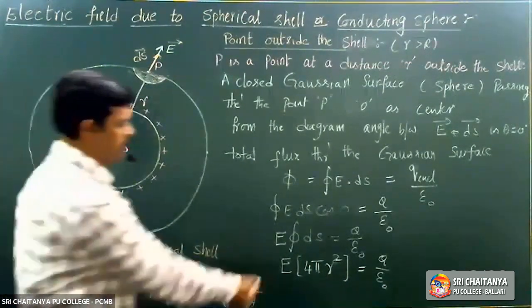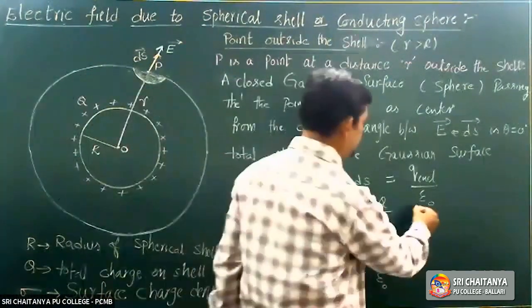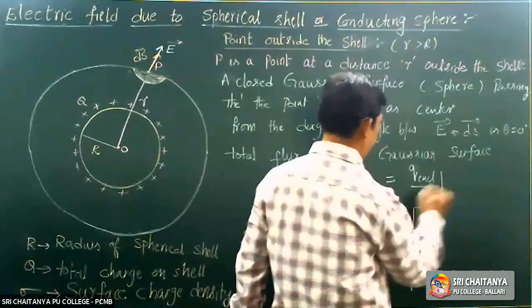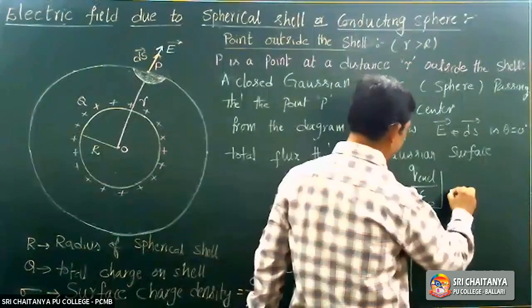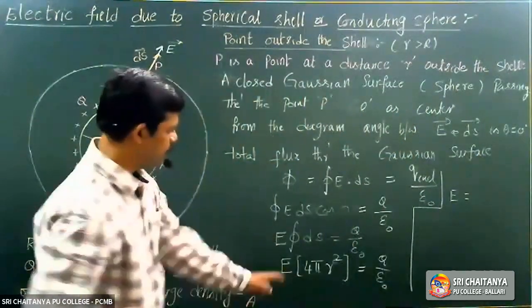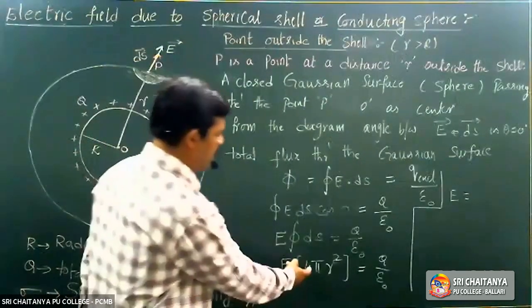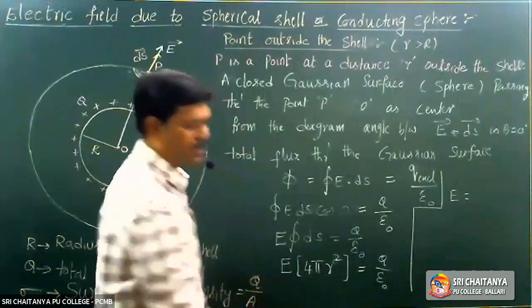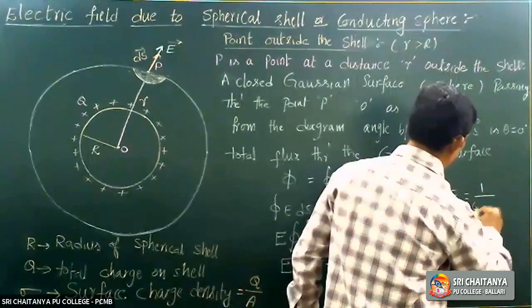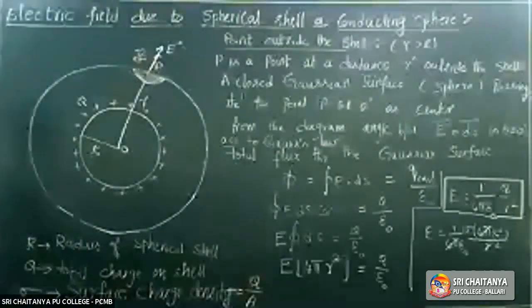Then what is the question? What is E? Then E is equal to, from this, if this 4 pi r square comes down, 1 by 4 pi.